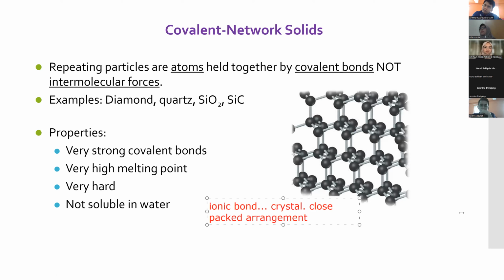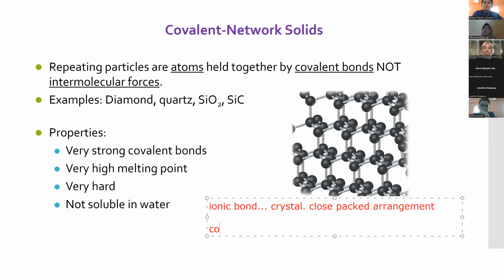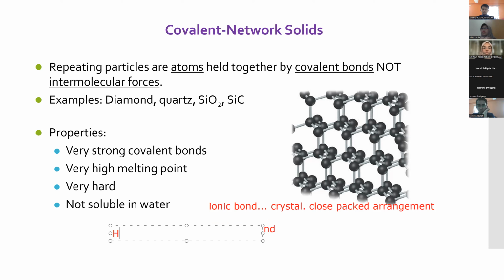But in covalent bonds, it's not. In covalent bonds, we still see the electrons shared. For the example, I make a simple example.